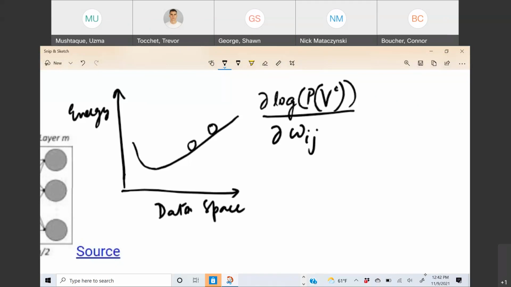What this equation is telling us is that for some state C, the change in the log probability with respect to some weights, and obviously I'm not changing the weights, but trying to see what that change could be, can be described by something like this. Again, I took it from the paper. So the initial state minus the final state.